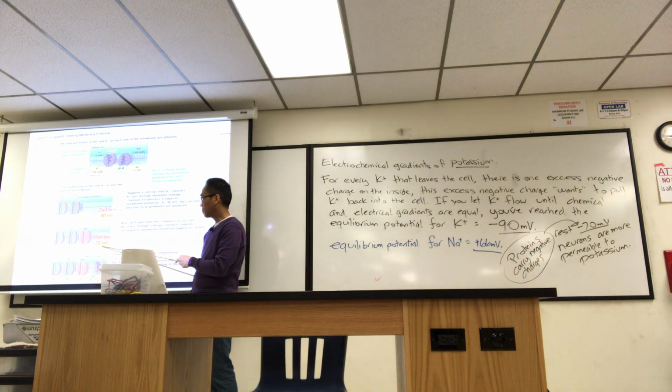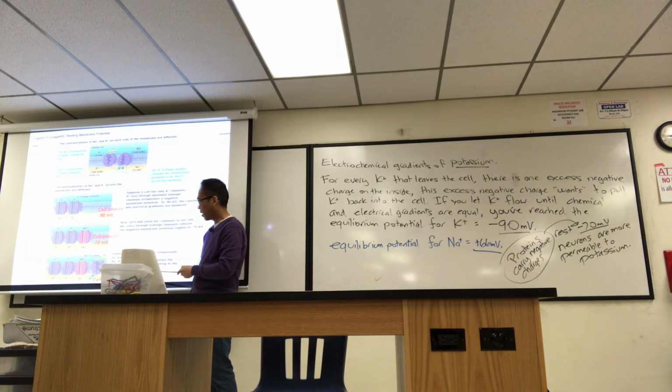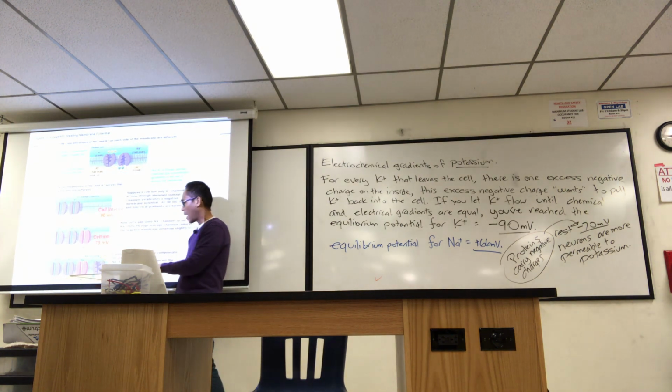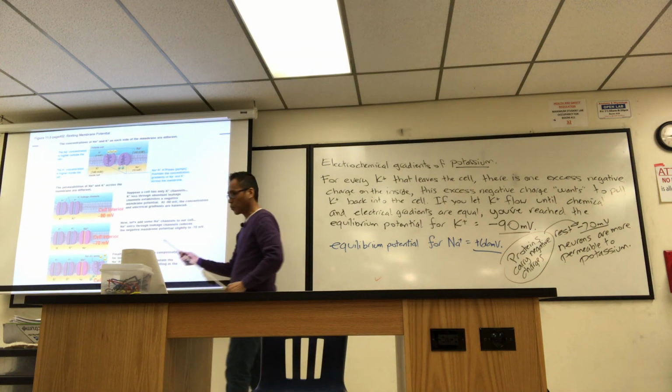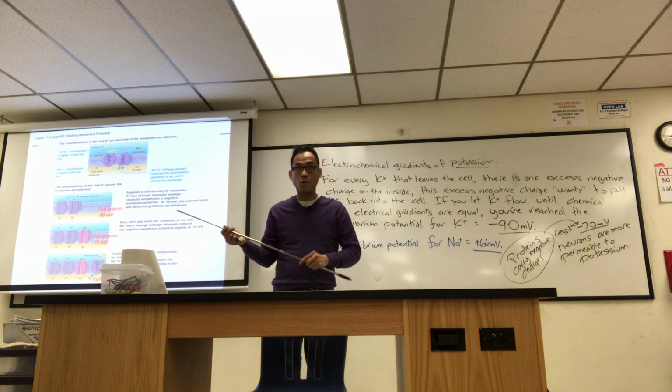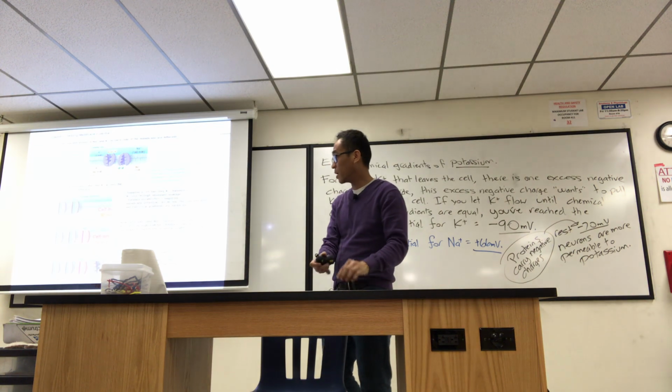That brings it up to negative 70 because positive sodium is leaking in, bringing up your membrane potential. But then they add the pump because that will counteract these forces of leak so the ionic gradients don't dissipate, don't get destroyed. So that kind of sums it up, I think.